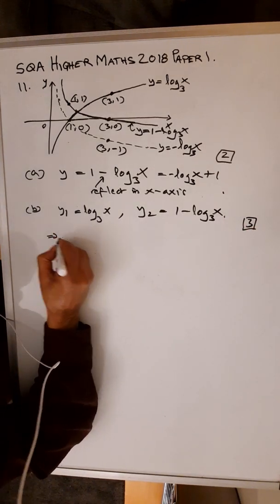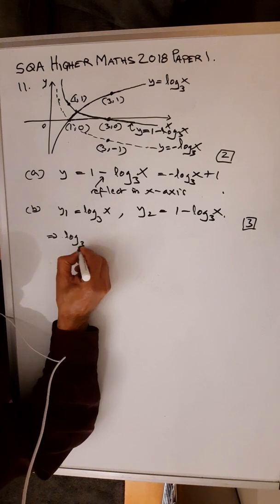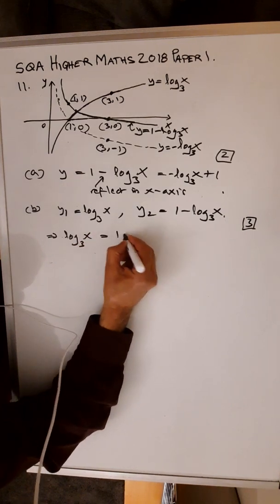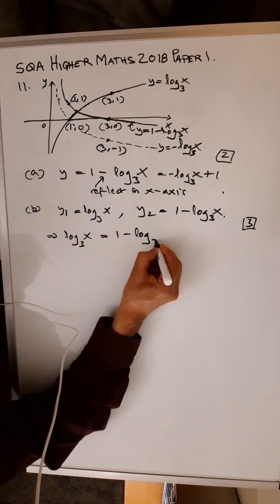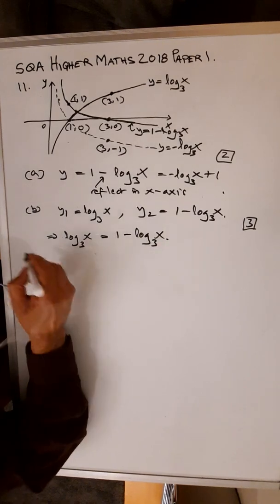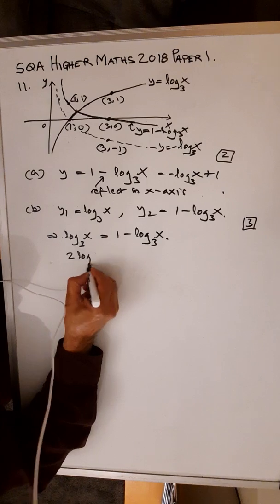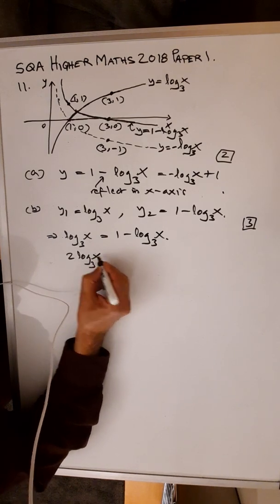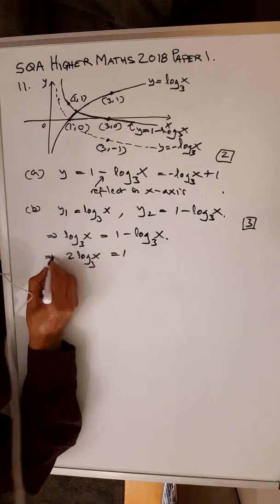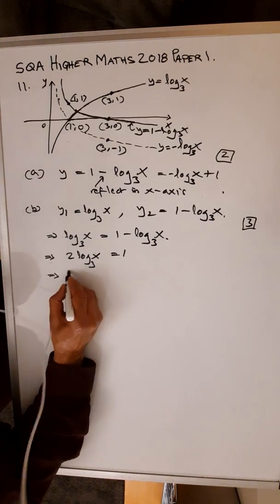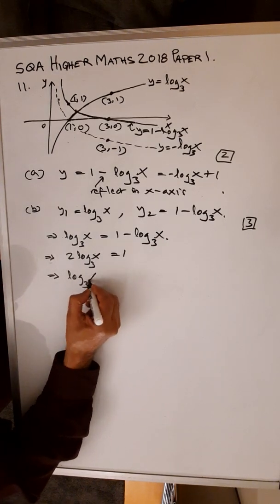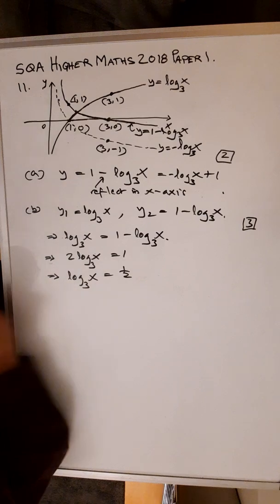So that means that log to the base 3 of x is equal to 1 minus log to the base 3 of x. You bring that to this side, you get 2 log to the base 3 of x is equal to 1. Which means that log to the base 3 of x is equal to a half.